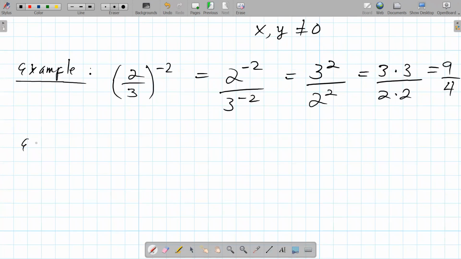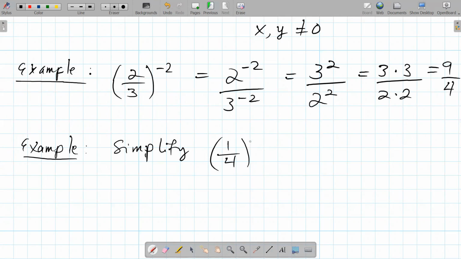Let's do another example here. Simplify this. If I gave you 1/4 raised to -3, it's very simple.